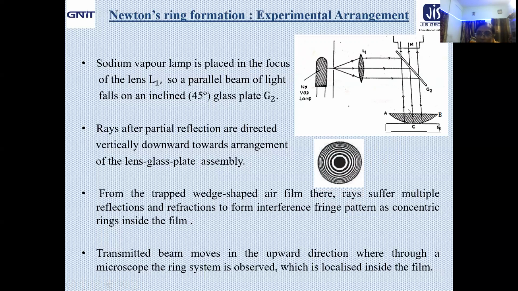Now transmitted beams move in the upward direction, where we look through this microscope M. The transmitted rays will go towards the upward direction, and finally in the microscope, if you take a look, you will find this ring system which is localized inside the film.